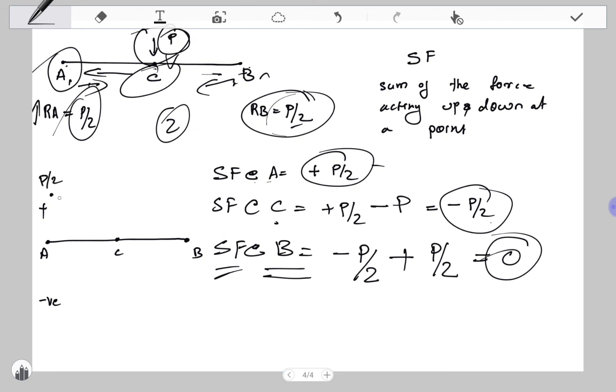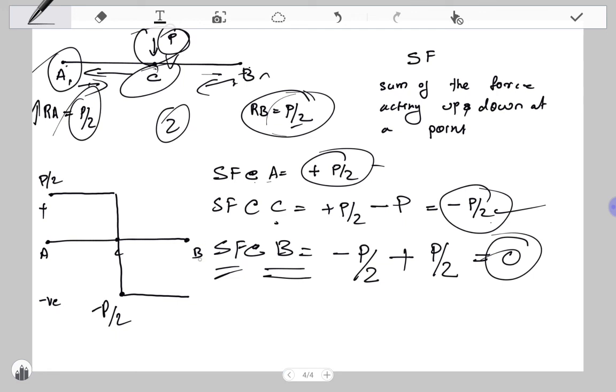So this P by 2 will be continued throughout till another point shows up. So at that point C, what is the value? That is negative P by 2. So from positive P by 2 it will straight away jump to negative P by 2. From point C, it will continue till the next point comes.